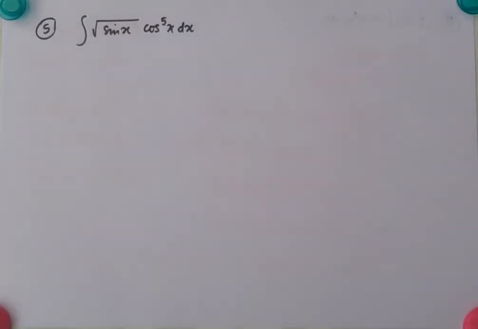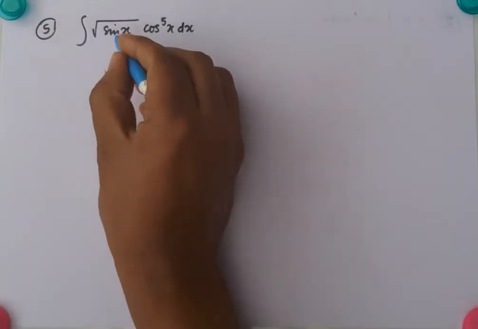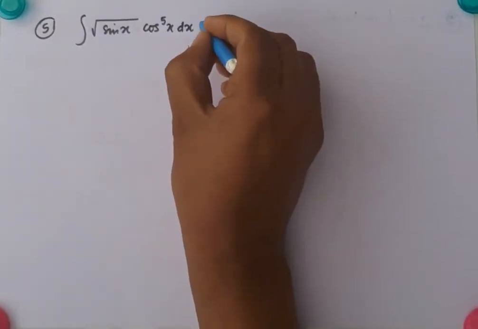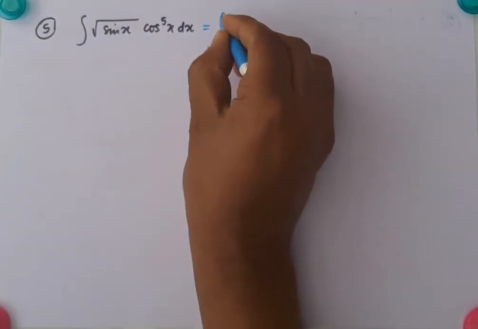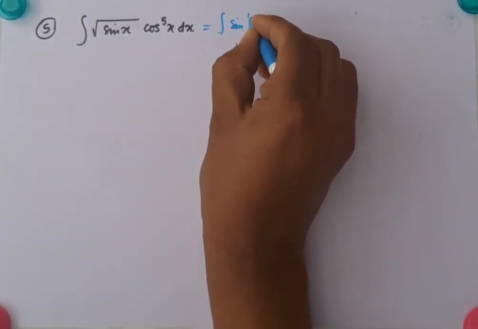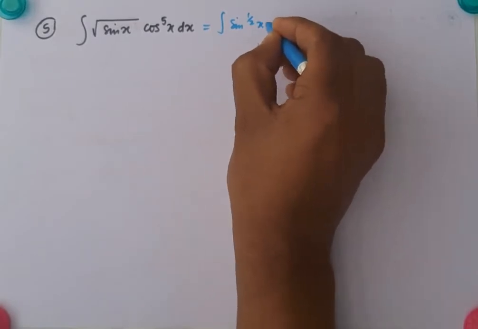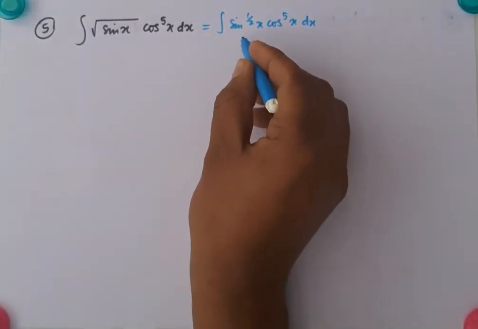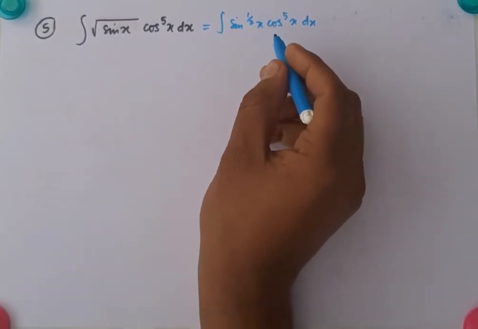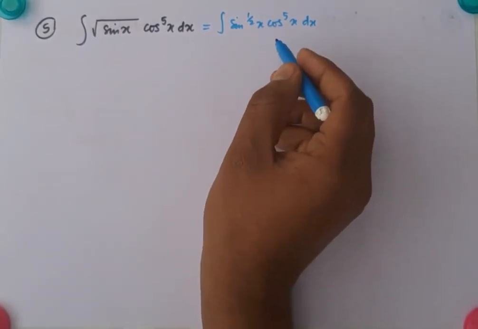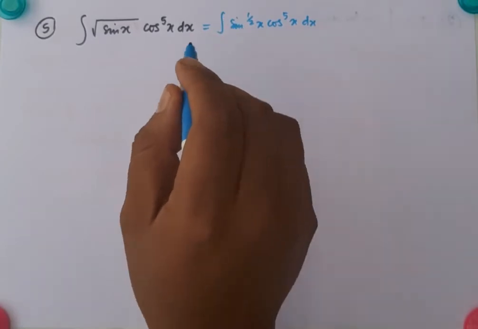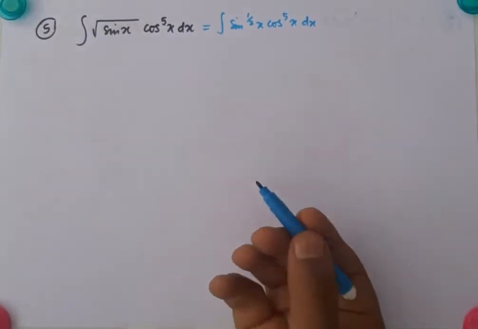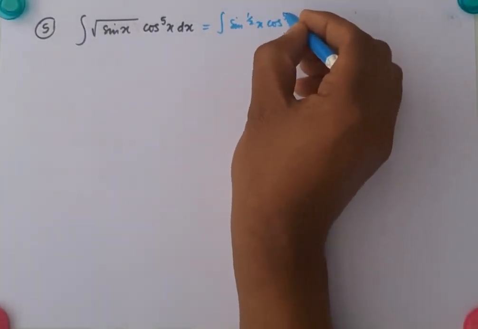So on the screen you have the first question. As you all know, the integral of root over sin x cos to the power 5x can be written as integral of sin to the power half x, cos to the power 5x dx. Now if you compare this with sin to the power mx cos to the power nx, it falls under the first category, because any one of them has to be odd.